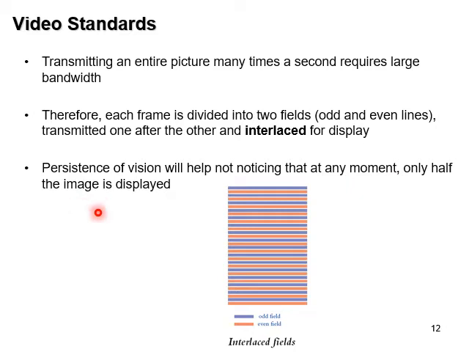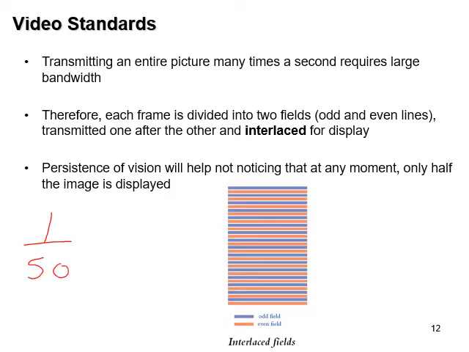So you receive, let's say, the odd field, the odd lines, you display them, while the even lines could actually be blank, nothing is there. And then, right after a very, very short amount of time, remember that this is sent like 50 times per second. So with 50 frames per second, 1/50 of a second is the interval between 2 frames.